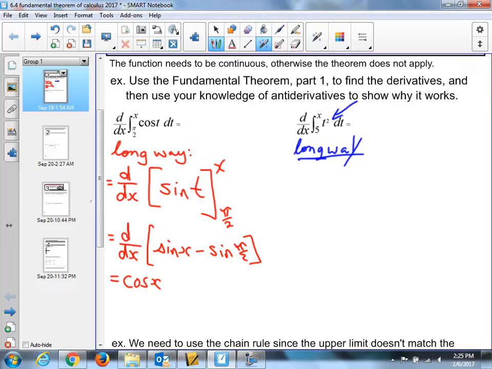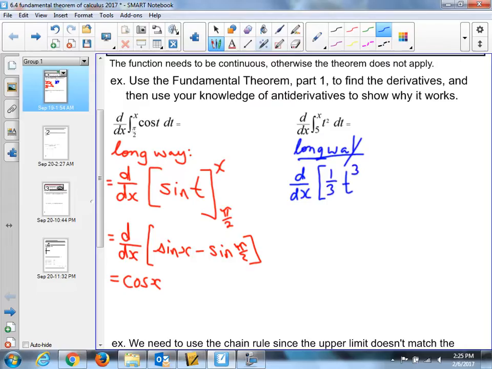Now how does this work? Let's get some practice though, the long way. T squared, the antiderivative would have been t cubed, but then you'd need a 1/3 in front of it, because when you do the derivative of t cubed, 3 over 3 t squared, okay. And I'm going from 5 to x.